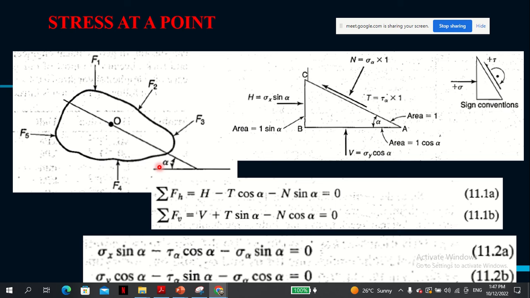So this is the framework. The formula that we are going to end up with, at any angle, due to a certain specific kind of loading, should let you describe the stress state at any angle from the horizontal, so to speak.